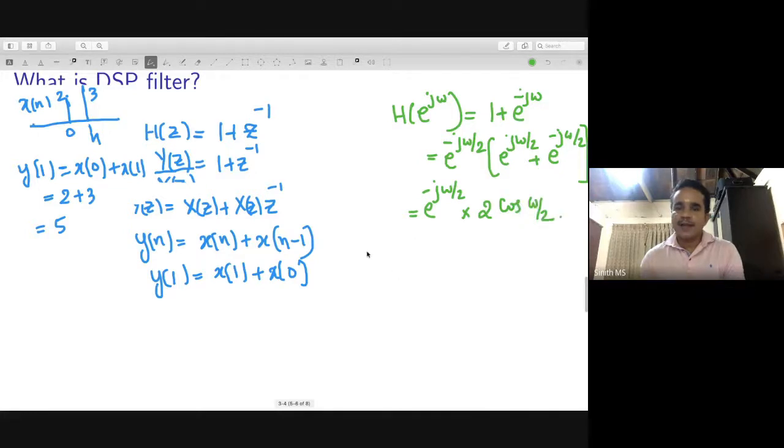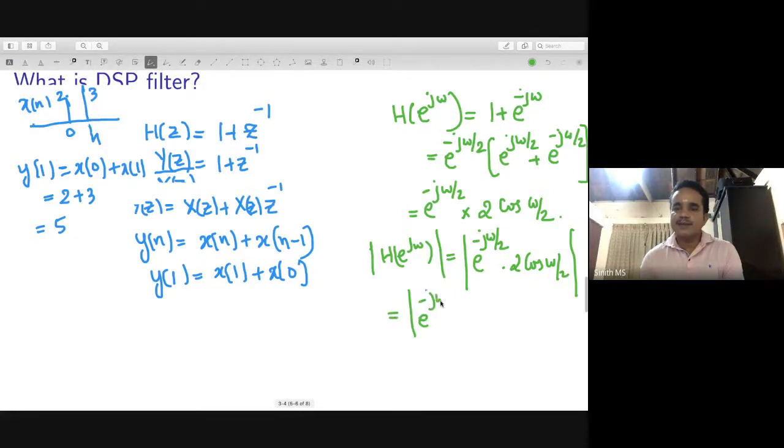Now if you take the magnitude of H(e^(jω)), this becomes the magnitude of e^(-jω/2) into the magnitude of 2 cos(ω/2). This is the modulus of a into b, which you can write as modulus a into modulus b.